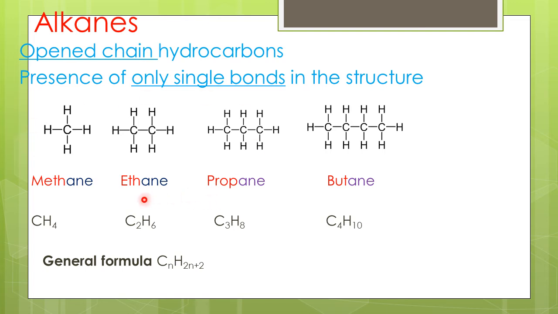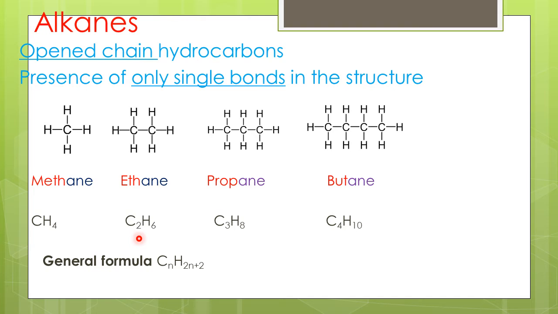Let us talk about the second member of the alkane series. Here there are two carbon atoms and 1, 2, 3, 4, 5, 6 hydrogen atoms in the structure. So the molecular formula is C2H6.